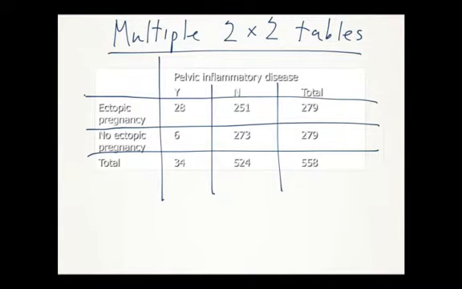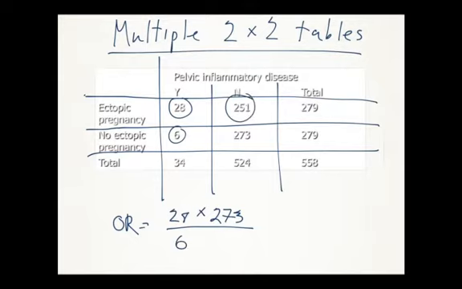So if we were to construct the odds ratio here, we would take 28, which is this number, times 273, divided by 6 times 251.